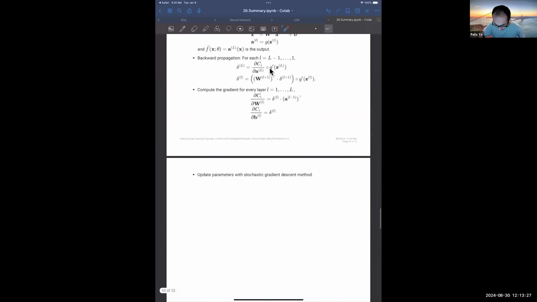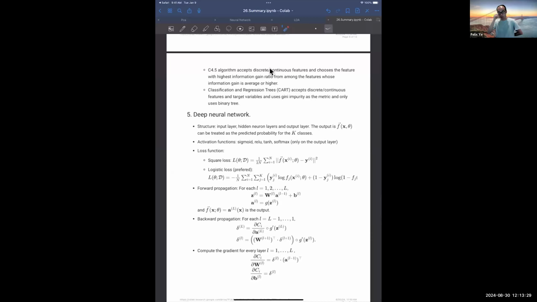Deep neural network. Okay, so now I put it back into classification. With a deep neural network, we talk about input layers, and it basically has 3 different types of layers: input layers, hidden layers, and output layers. If we don't have the hidden layers, that basically becomes multi-class logistic regression.